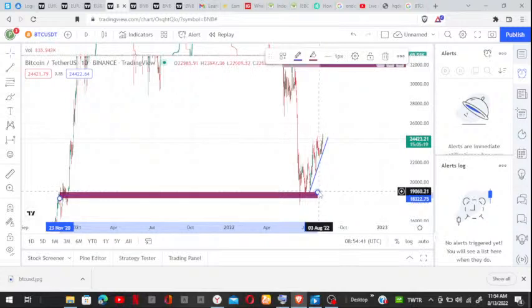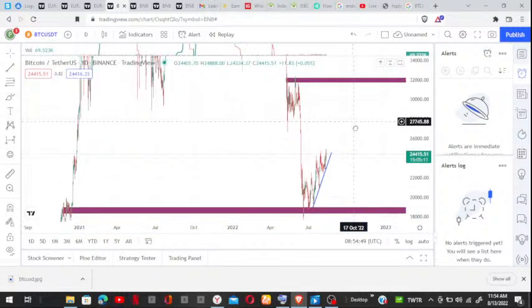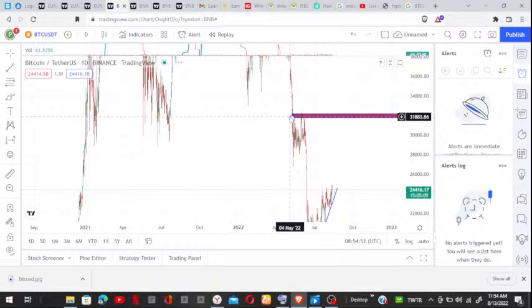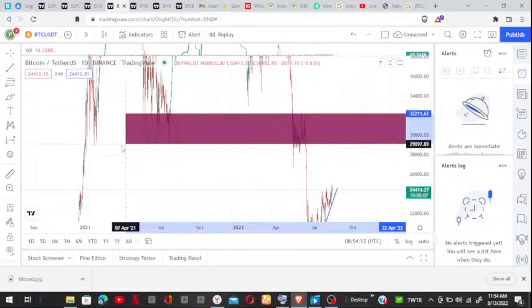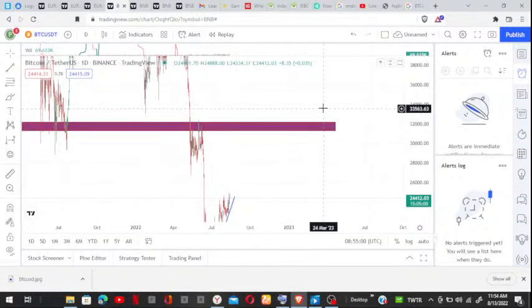So right now what we have here is this as our balance. And you can see if you pull it to this level over here, there was some sort of support.